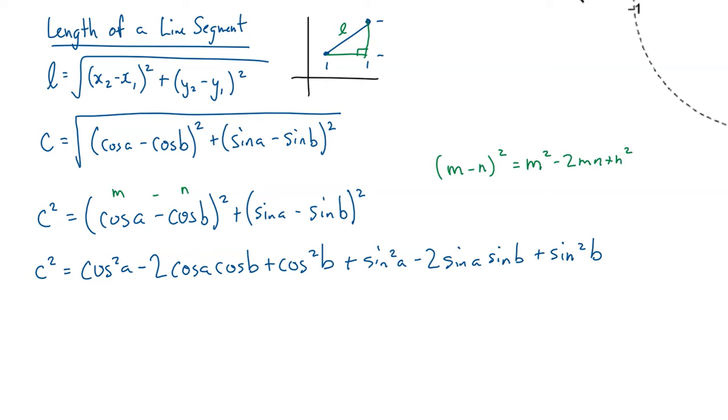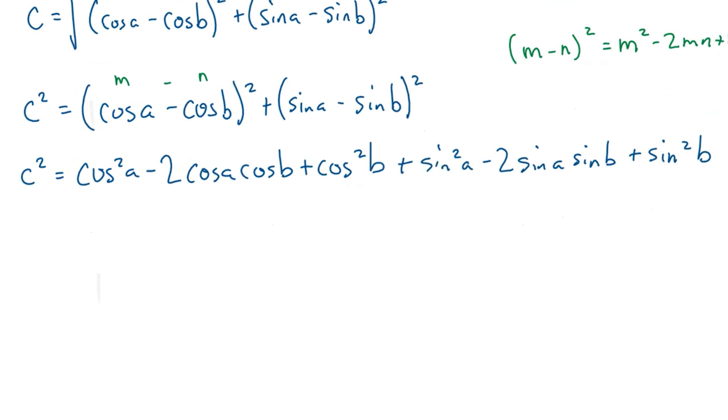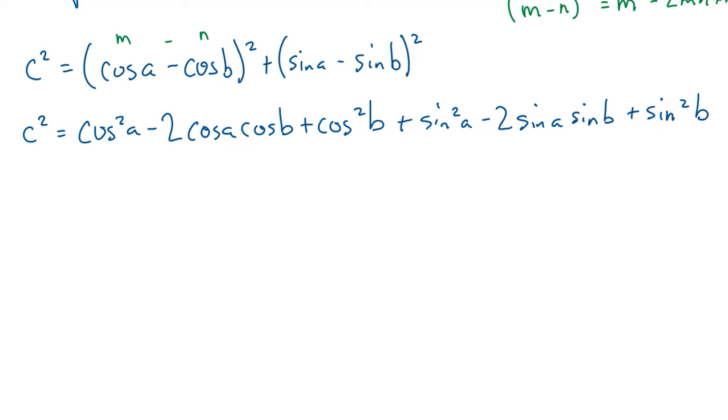Anybody see what to do next? All that work on identities and nobody knows what to do? Yeah, Ava? Well, could you not like the cos squared b and the sine squared b? Would that equal 1? Ah, wait a minute.